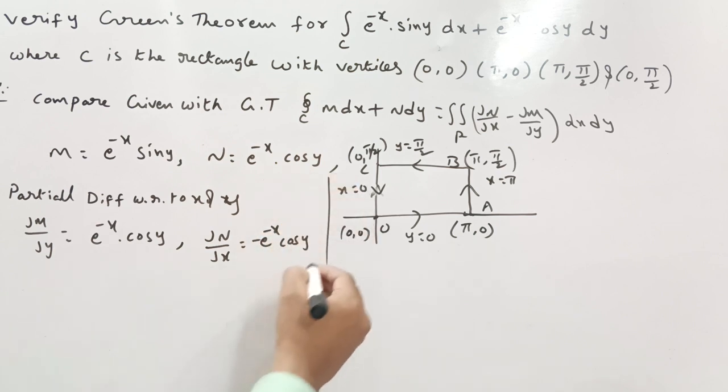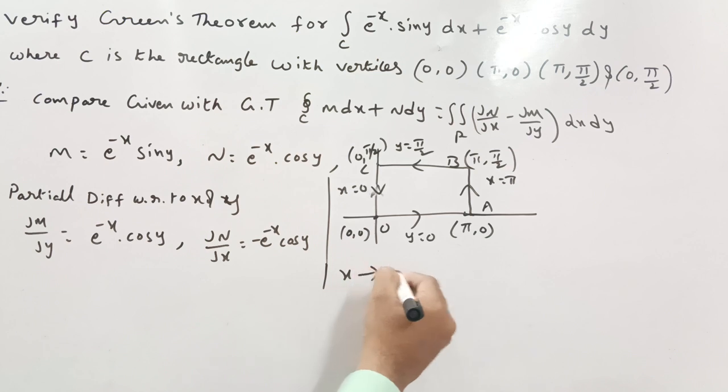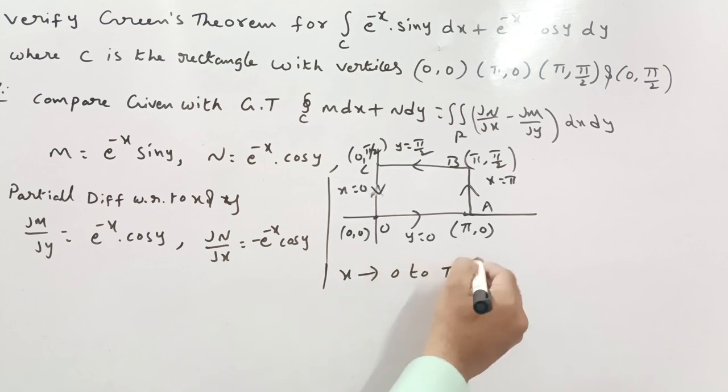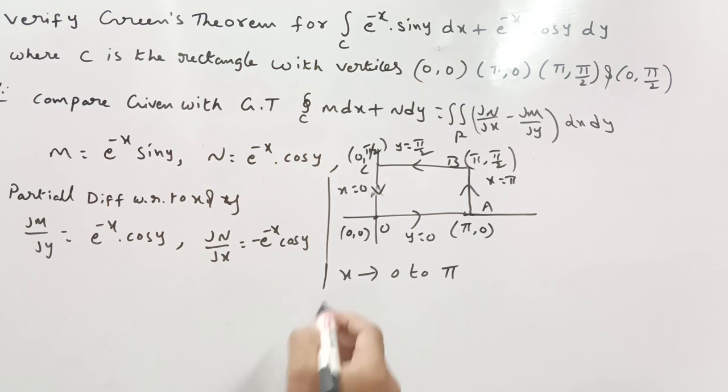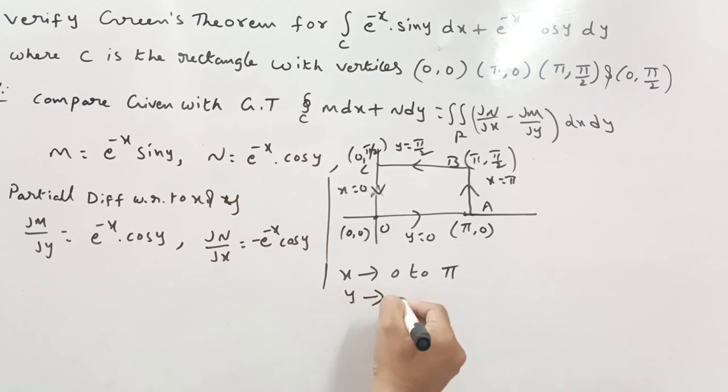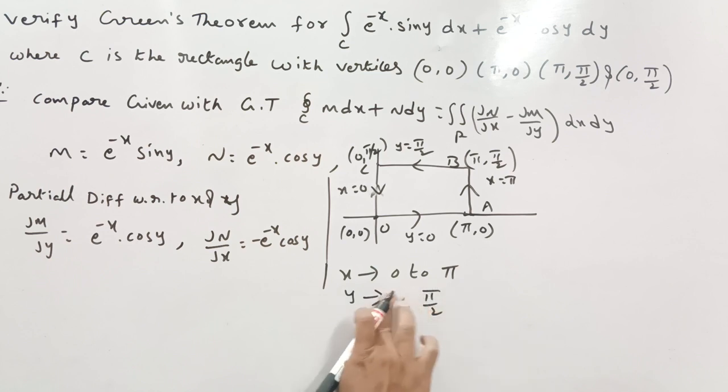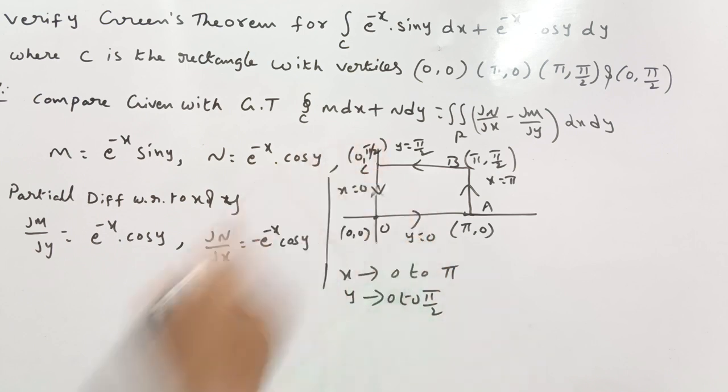Now what are the limits here? X is changing from 0 to pi and y is changing from 0 to pi by 2, correct?